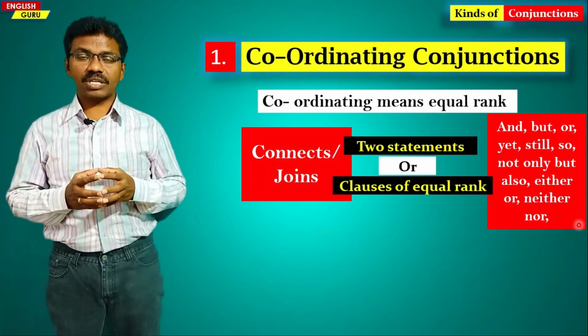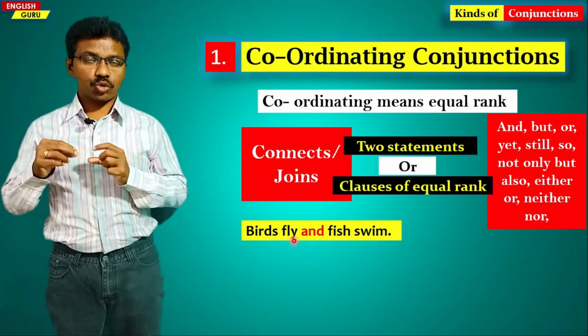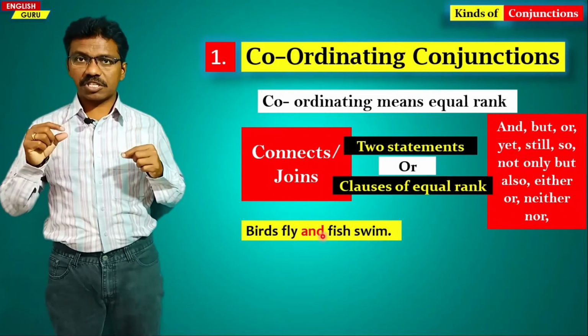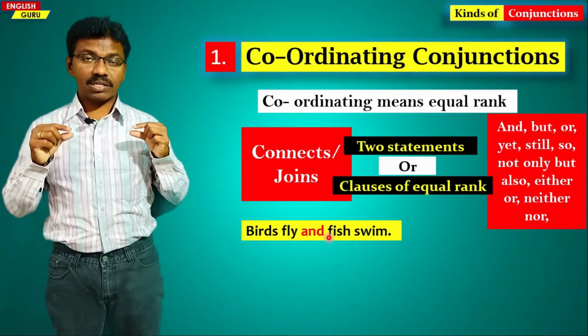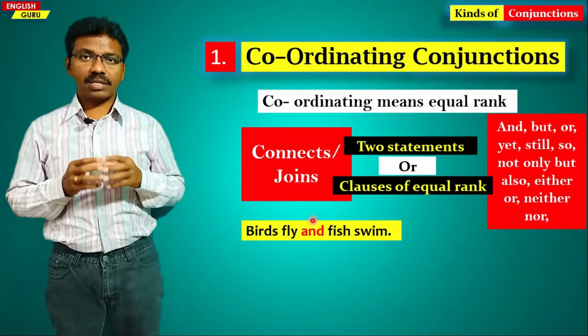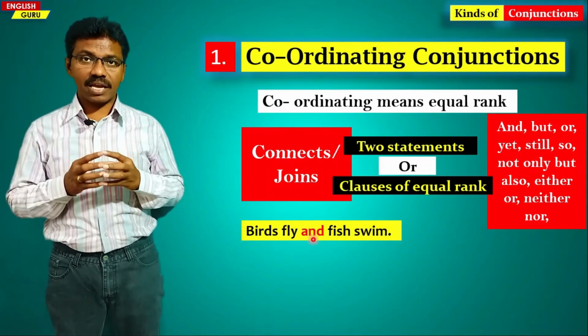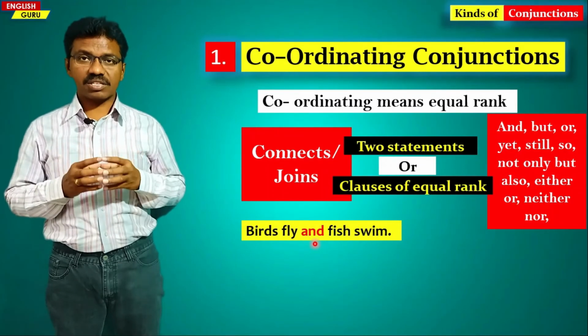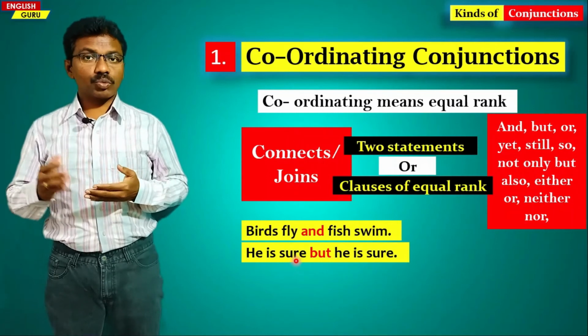For example, if you take the sentence, birds fly and fish swim. Both of them are equal statements with equal status, so they are joined by the word and. So and is a conjunction, and it is a coordinating conjunction. In a similar manner, he is late but he is sure to win.